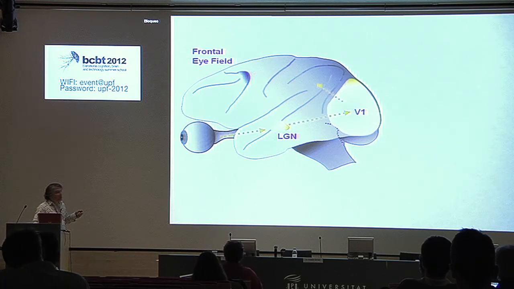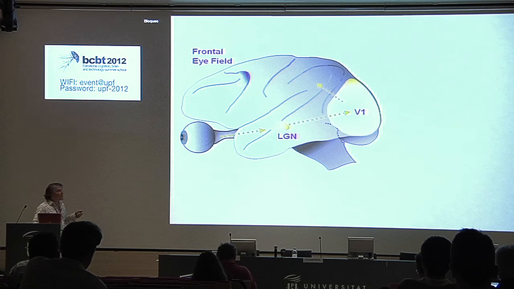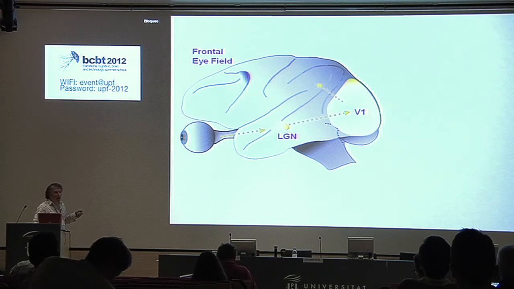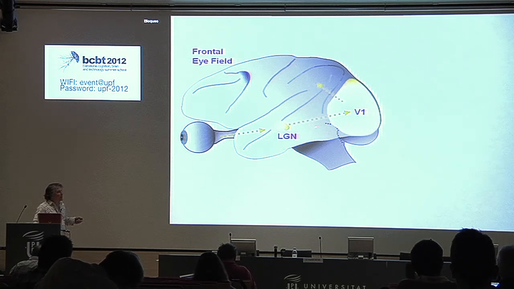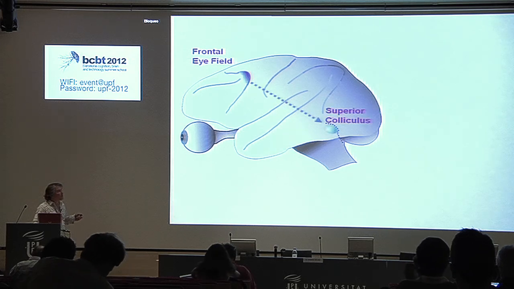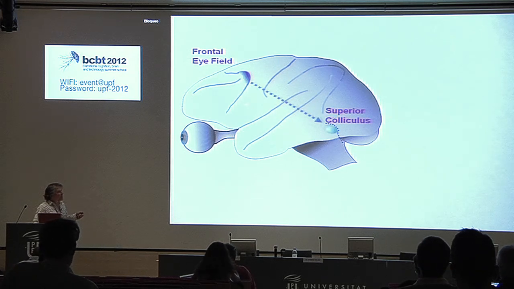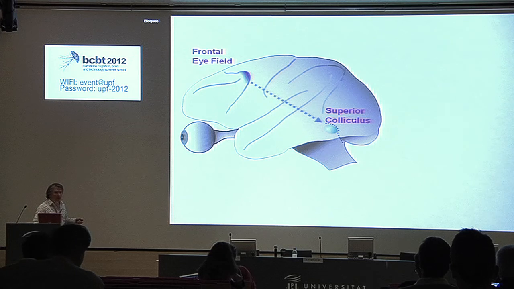There are other endpoints as well, but the frontal eye field is special in the sense of having the most direct, powerful inputs down to the brainstem for moving the eyes. So the frontal eye field sends a massive projection down to a part of the midbrain, the mesencephalon, called the superior colliculus, which you may have heard of.